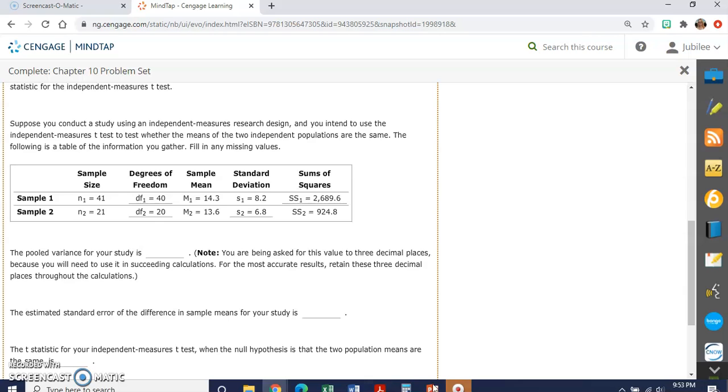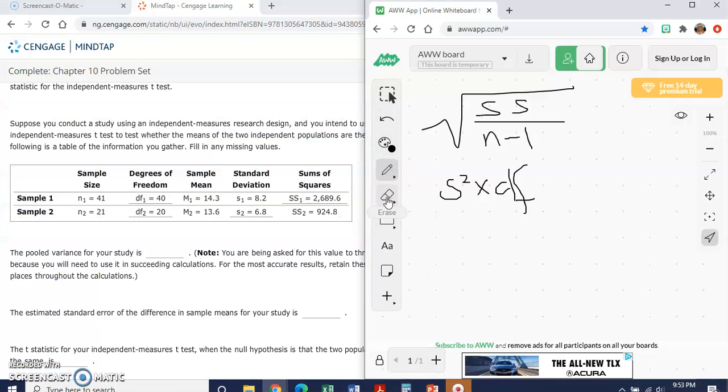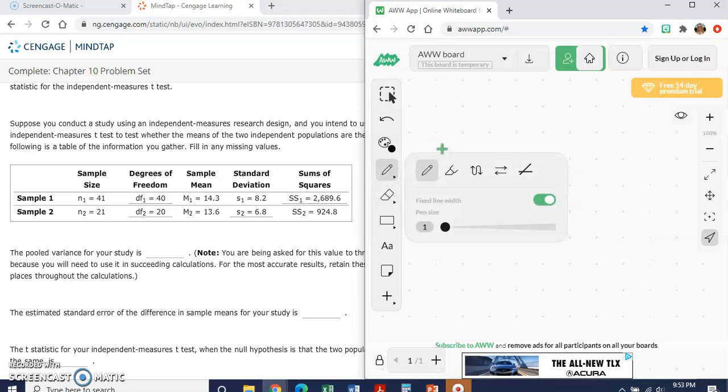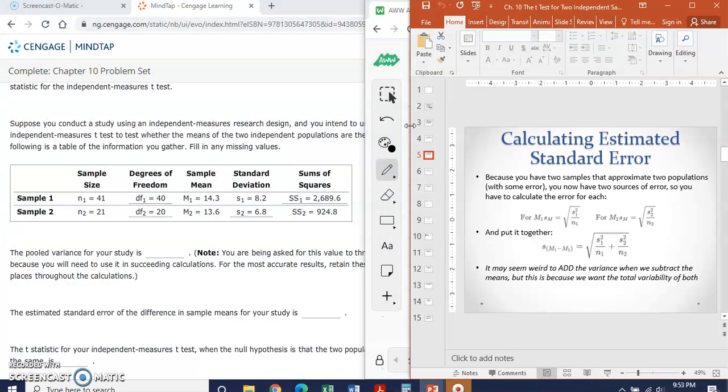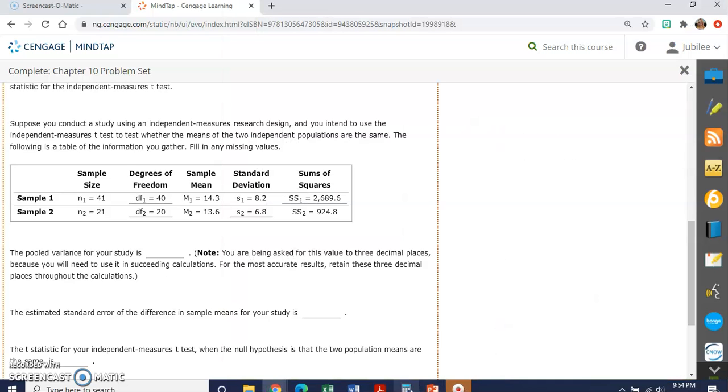And now I can calculate the pooled variance. This is when I need to refer back to the PowerPoint so I can see the formulas. So it's the two sums of squares divided by the two degrees of freedom. So sums of squares 1 plus sums of squares 2 divided by degrees of freedom 1 plus degrees of freedom 2.